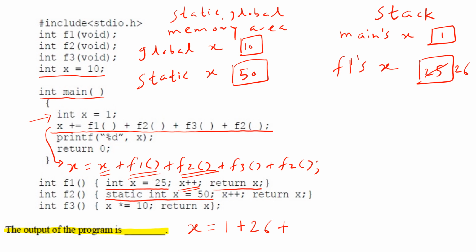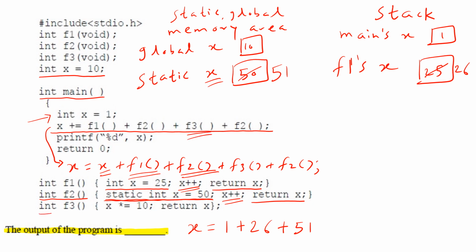Now this static x is only visible in function f2 because it is declared in f2. So f2 increments the value of x by 1, so that happens to be 51, and we return that value. So f2 returns 51.